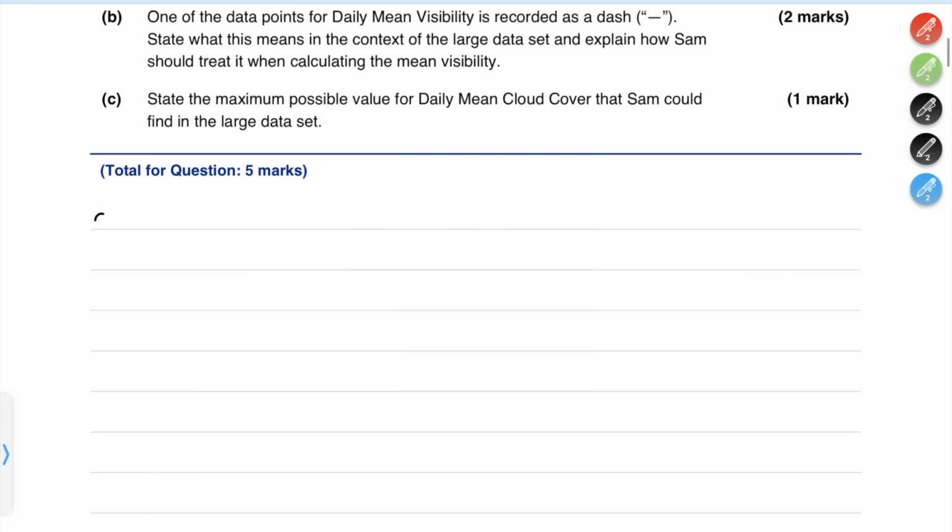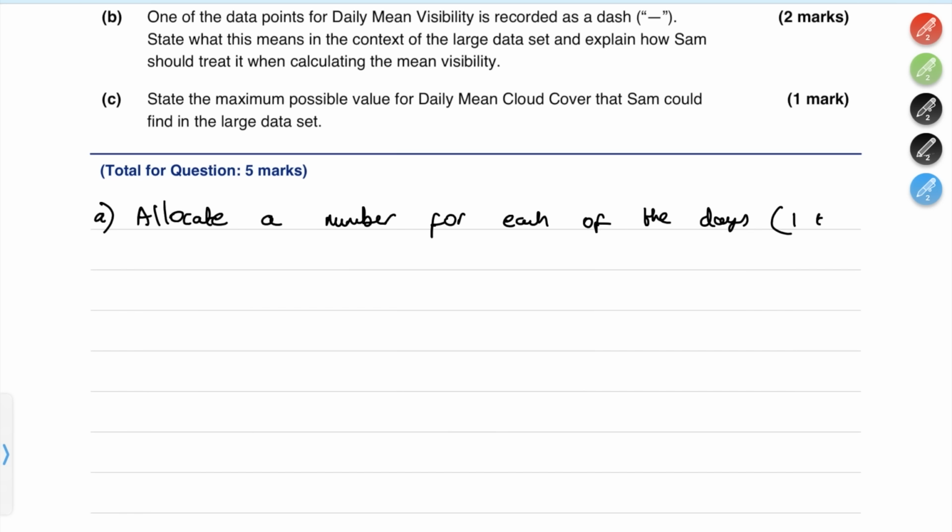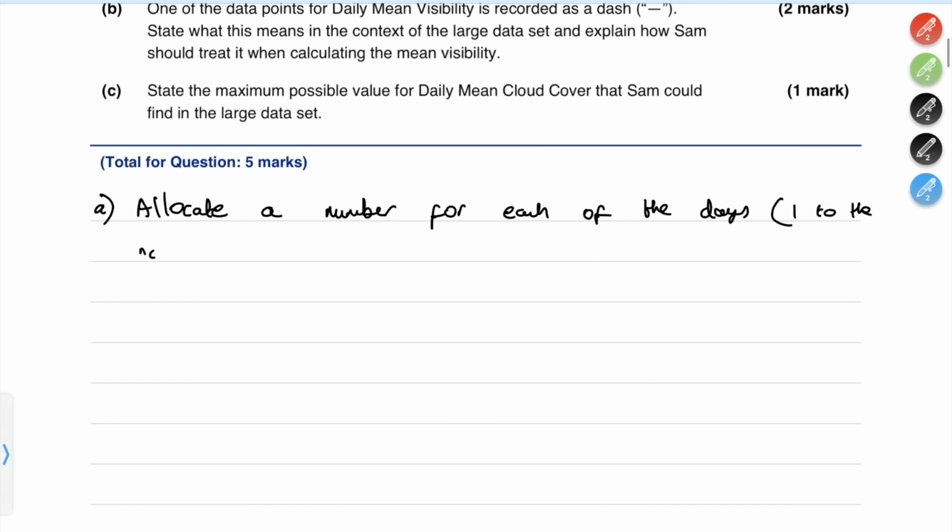So we would say allocate a number for each of the days. That will be, for example, 1, and then it'll go to the number of days.